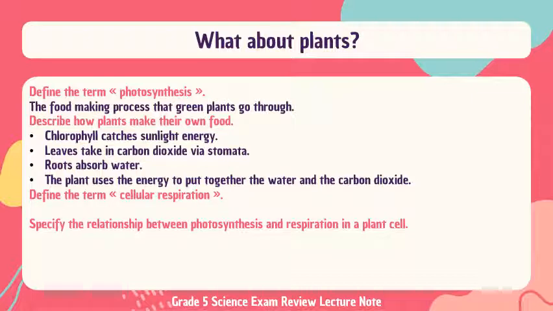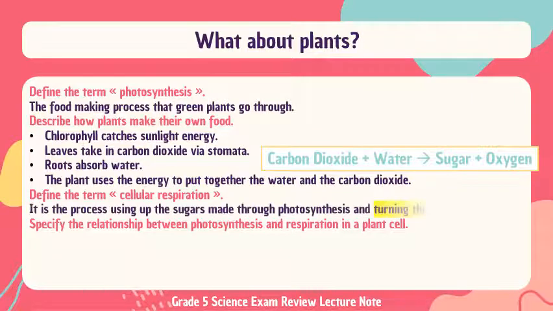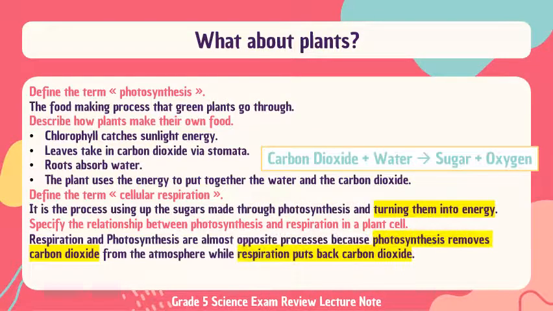The plant uses the energy from the sun to combine water and carbon dioxide and produce sugar and oxygen. During respiration, plants use the sugar made by photosynthesis to make ATP energy.